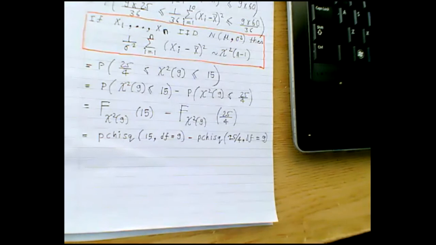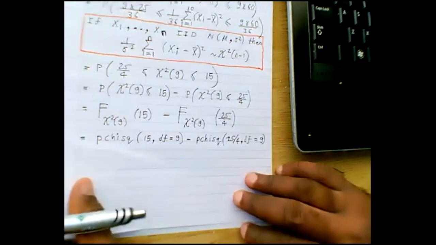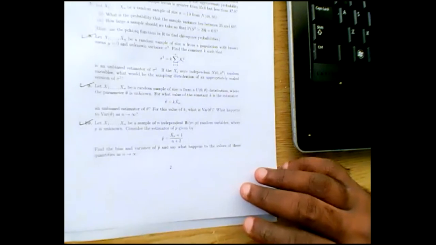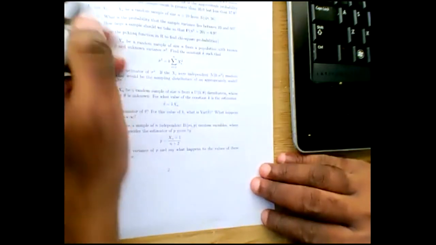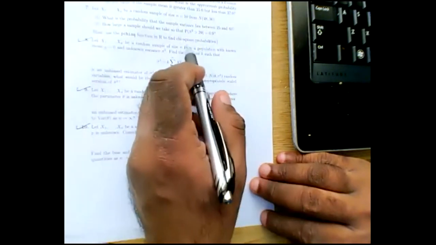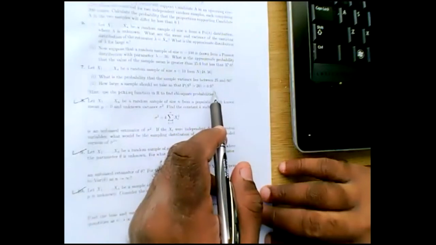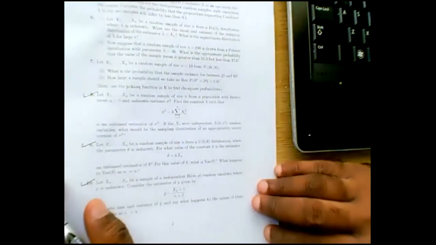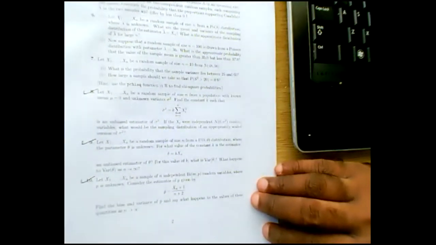Thank you. All right. So let me now try to do part 2. So I've done part 1. Part 2 is to find the sample size such that the probability that s squared is greater than 20 is 0.9. Okay. All right.